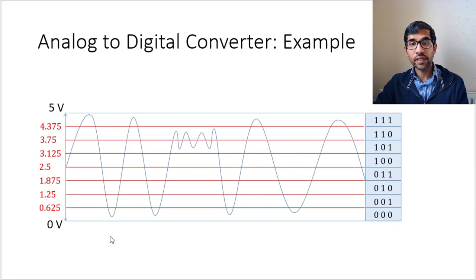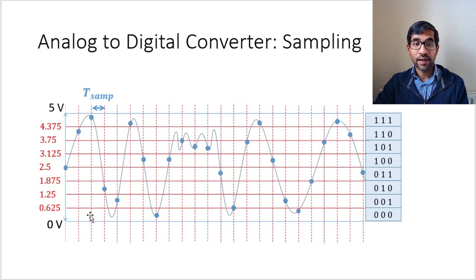So the first step that we do, therefore, is called sampling. Sampling is basically taking the signal at some uniform time interval and just keeping these points with us while ignoring the rest of the signal.